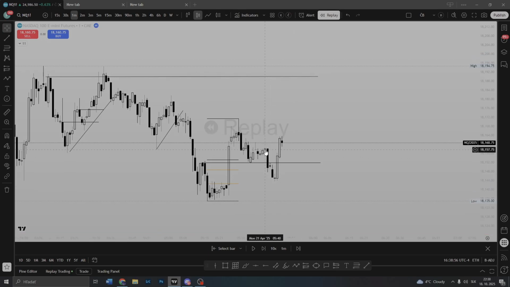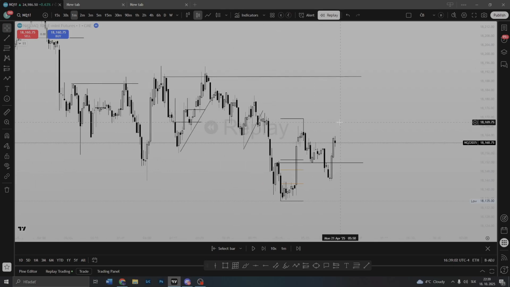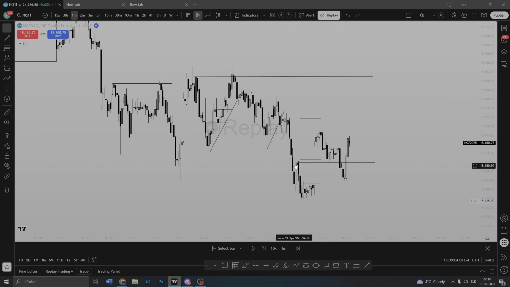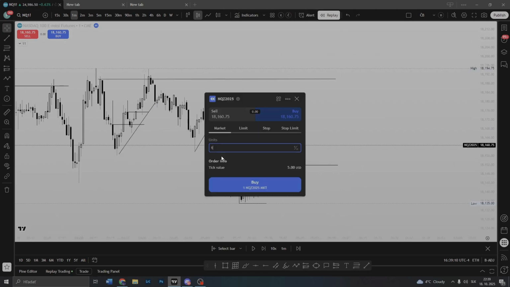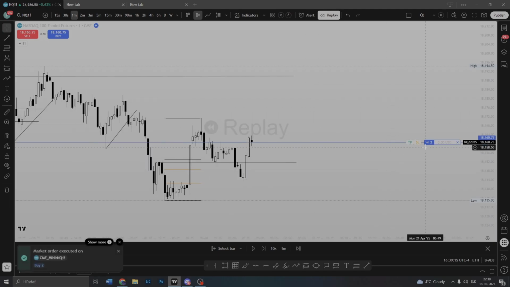Now we are creating CISD. We went a little deeper into the OTE, but with this possible manipulation, turtle soup, possible fair swing, we can enter right now. We can put our stop loss.